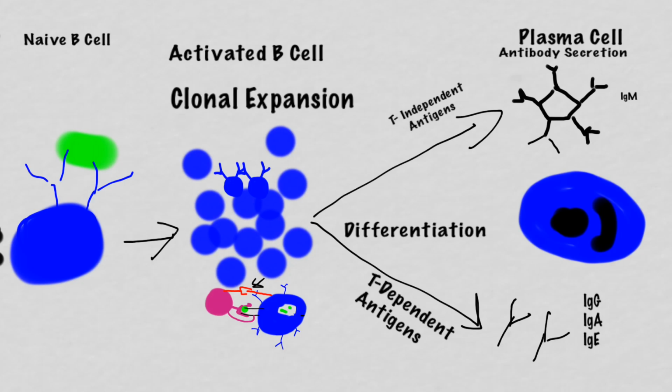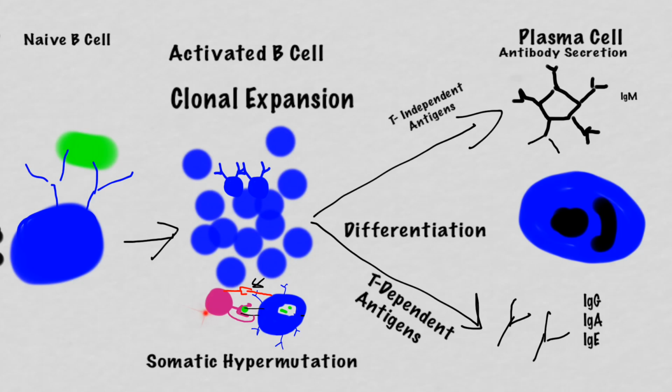During this massive amplification, this clonal expansion, especially with T-dependent antigens, you can get somatic hypermutation, which can influence the antigen binding sites of the B cells that are produced and therefore the antibodies that the plasma cells will secrete.